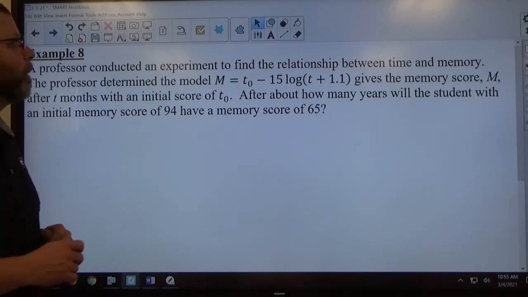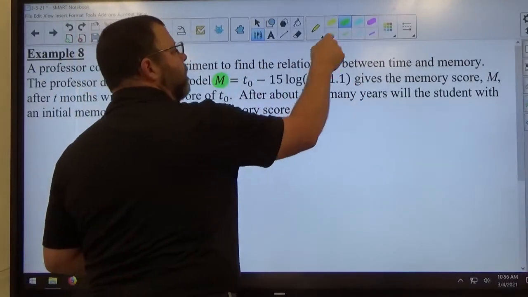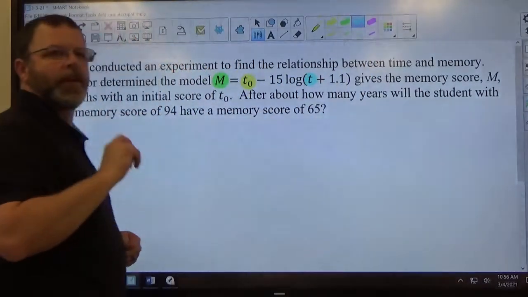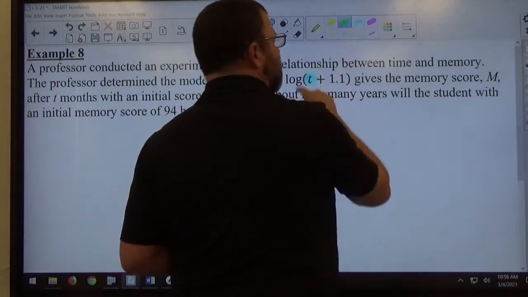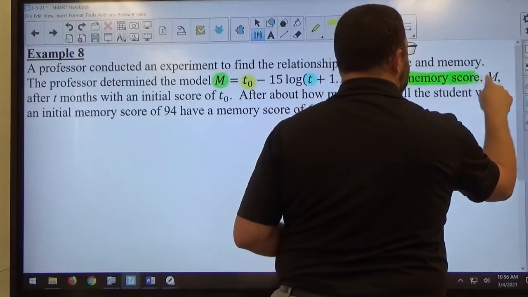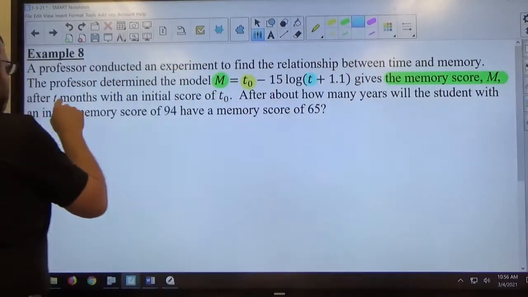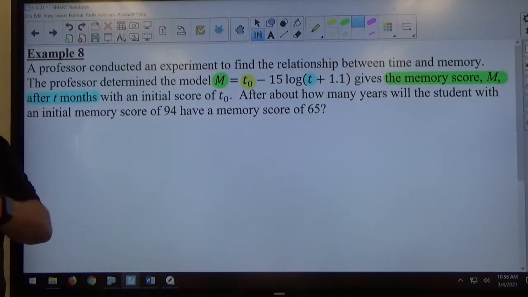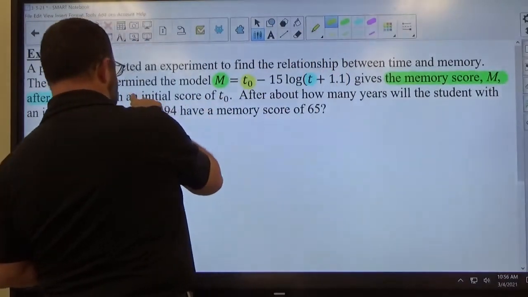There are 3 particular variables here: m, t sub 0, and t. Be careful when they start using subscripted variables, t sub 0 and t are different things. The memory score is m, after t months, so t is how many months have passed since the experiment began, and the initial score is t sub 0.